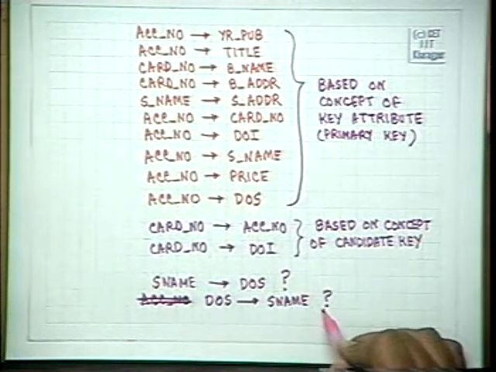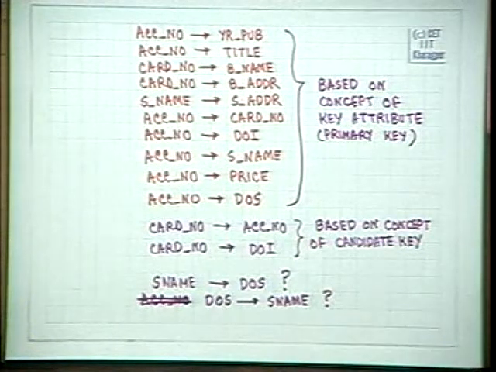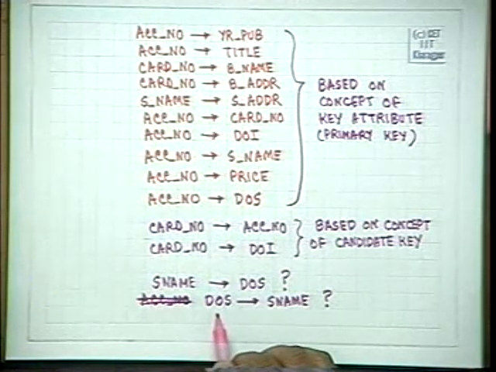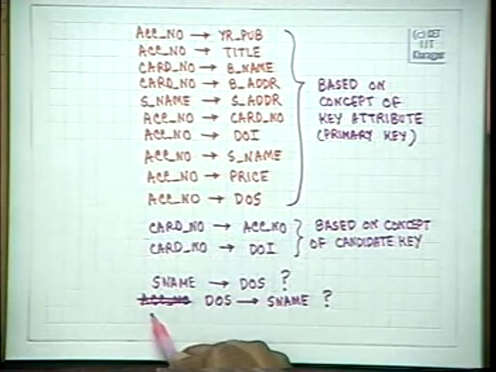Is this the case? This will mean what? The library purchases only one book per day. This means combination of DOS and SNAME will have, let us see what this means.